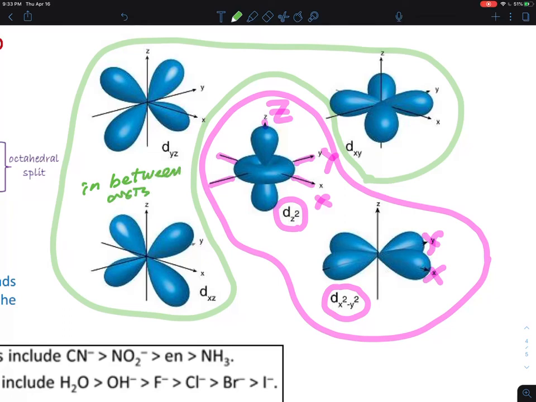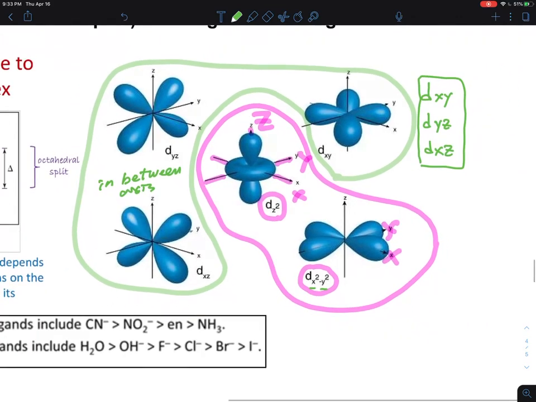Those are the ones we call dxy, dyz, dxz. Actually, the name speaks for itself. When you look at that, they go in between, not on top of the axis, right? And this has important consequences when it comes to understanding the energy splitting here.